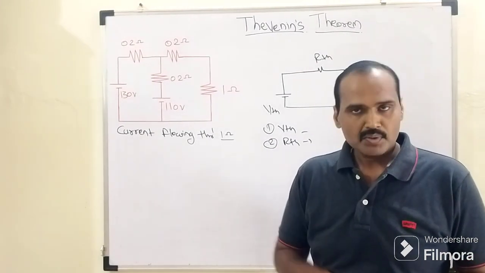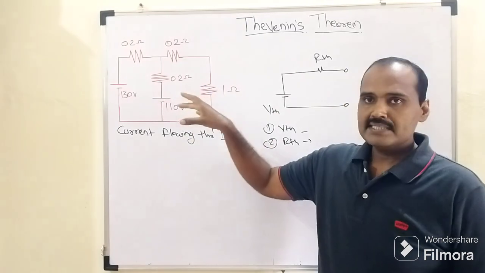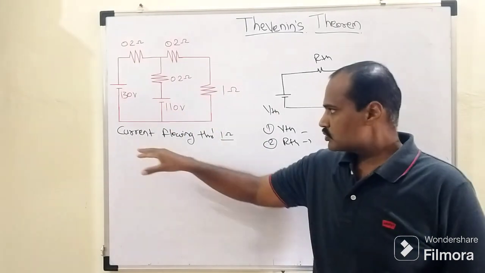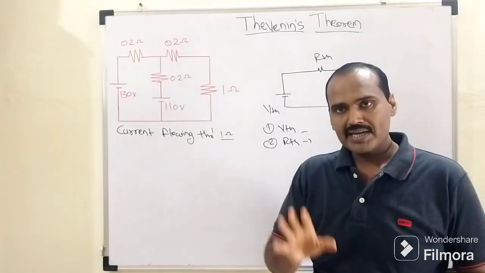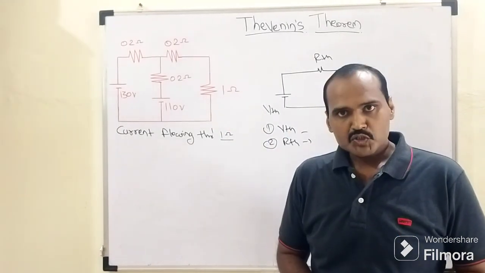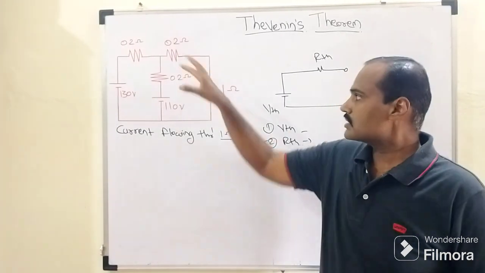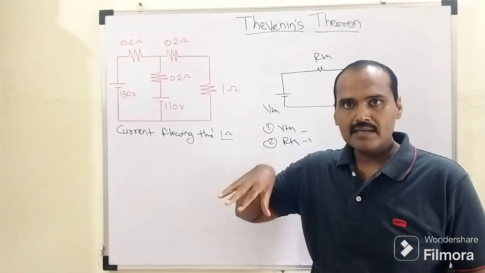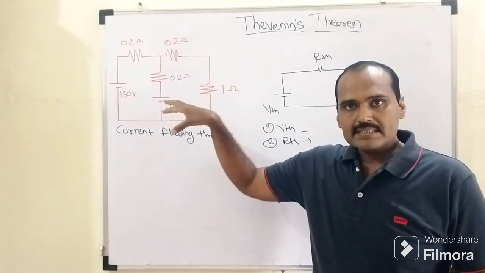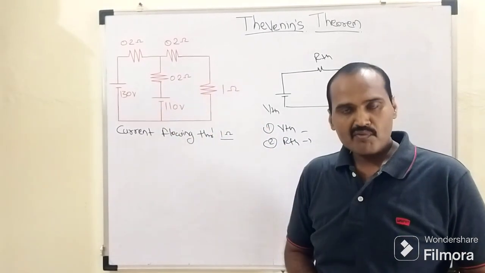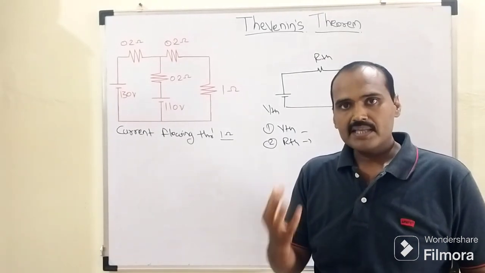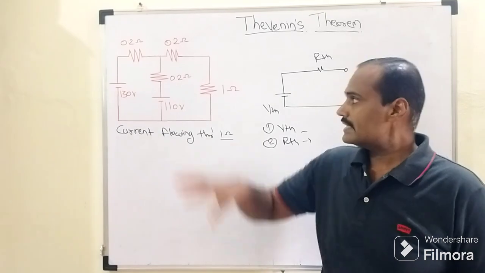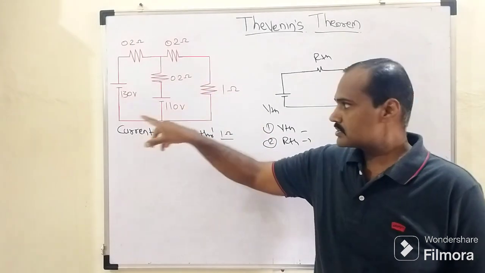this Thevenin theorem. As you can see, in this existing network our aim is to determine the current flowing through this 1 ohm resistor by using the basic strategy of Thevenin theorem. So this is how this existing network will look like. In this existing network, there are multiple energy sources. As I told you earlier, there are two types of energy sources, either voltage source or current source. But in this existing network, there are two voltage sources.